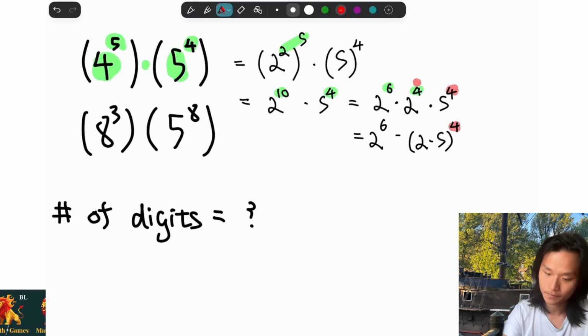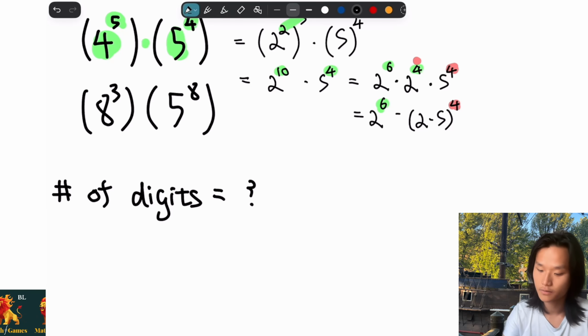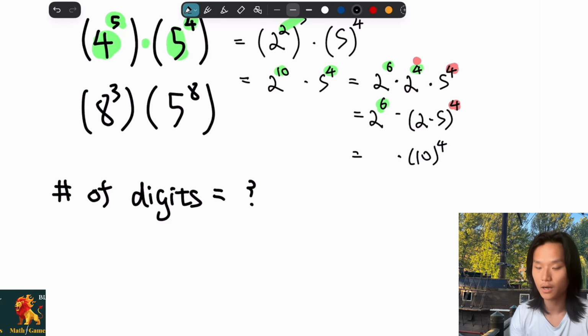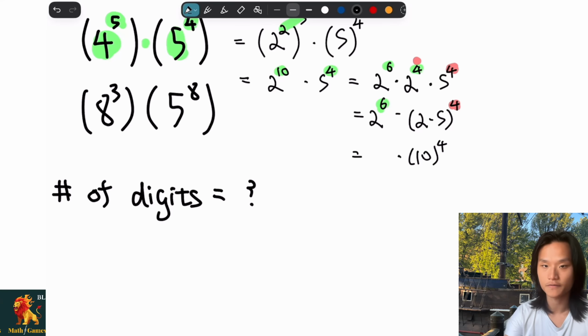Now, what is 2 times 5? Well, 2 times 5 is simply 10, okay? So 10 raised to the power of 4 multiplied by 2 raised to the power of 6, and that is just 64, okay?